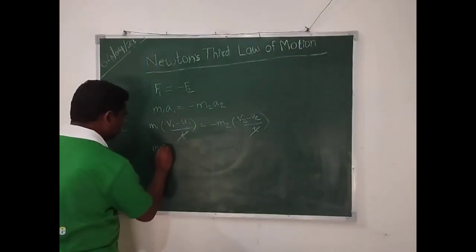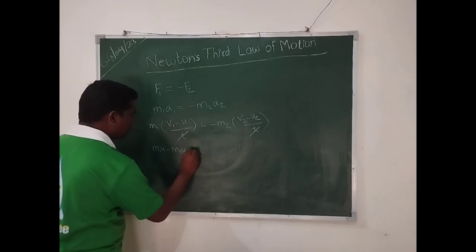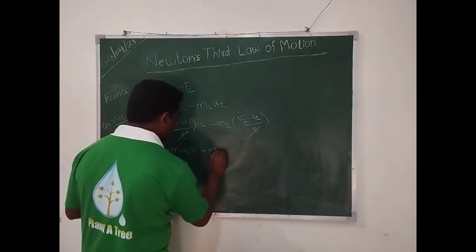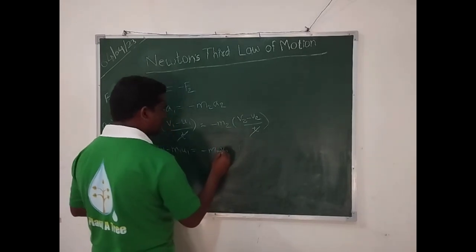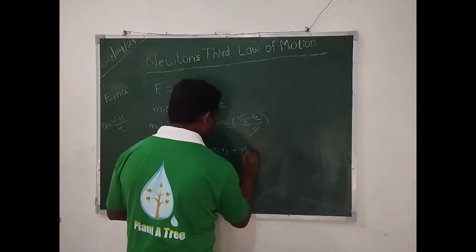m1 v1 minus m1 u1 is equal to minus m2 v2 plus m2 u2.